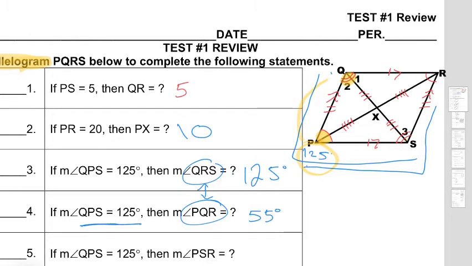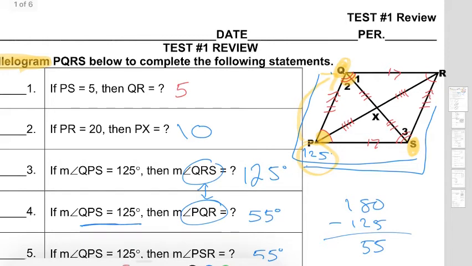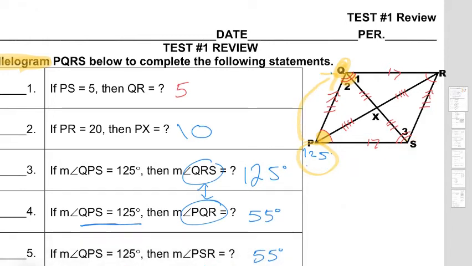And that angle there was consecutive to it, consecutive interior, and angle Q is opposite to angle S, and we know opposite angles are congruent, so we already kind of did the work. 180 minus 125 gives me, once again, 55 degrees. Erase that. Sorry, got a lot of erasing to do.